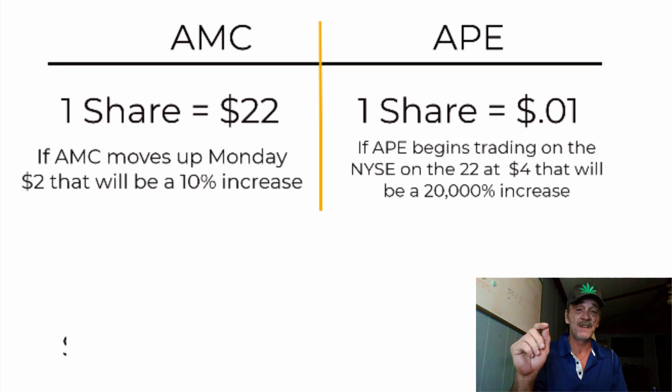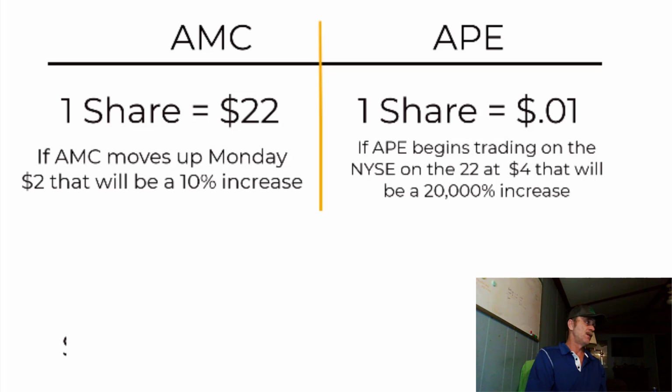If on the 22nd APE starts trading at $4 a share, which is the minimum, I do believe, for the New York Stock Exchange, that's a 20,000% increase on your investment. Actually, it's more. It's free. The point is, the 1 cent APE stock, when it opens, is going to open at $4.